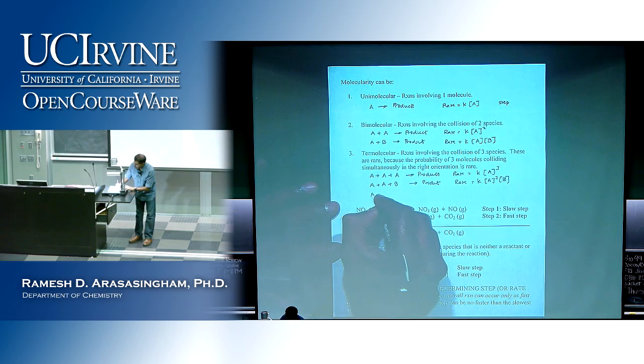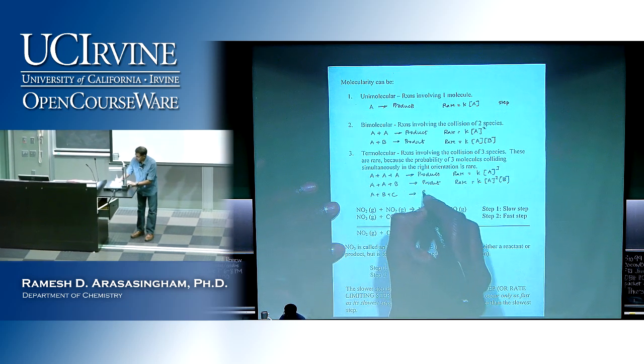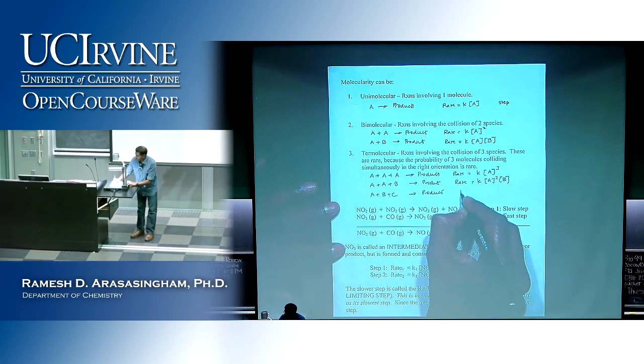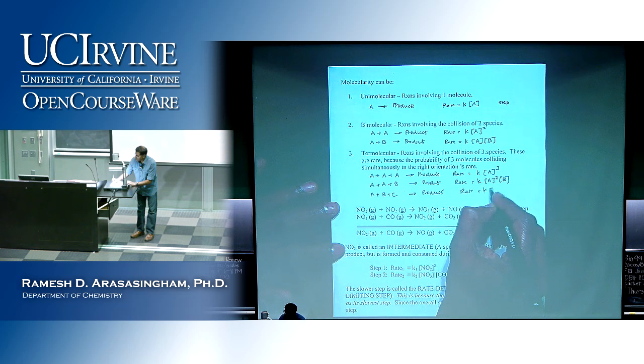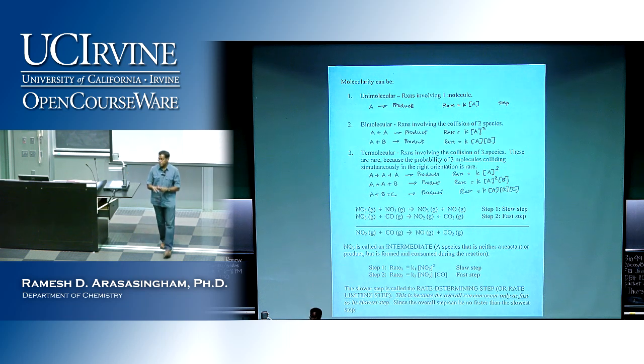Or you can have three different molecules colliding, A plus B plus C giving you products, and here rate would be first order in A, first order in B, first order in C, but overall third order. All right?